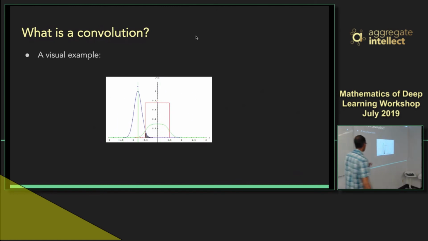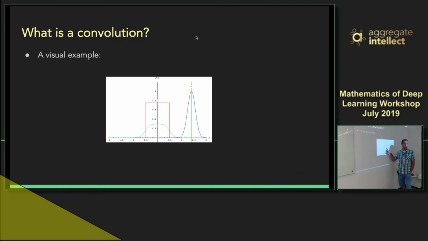So this one is useful to look at. The gray area is the multiplication of the two functions. This is the multiplication of the two functions, and the green is the area under the curve for the gray area. Can you just repeat the last part?